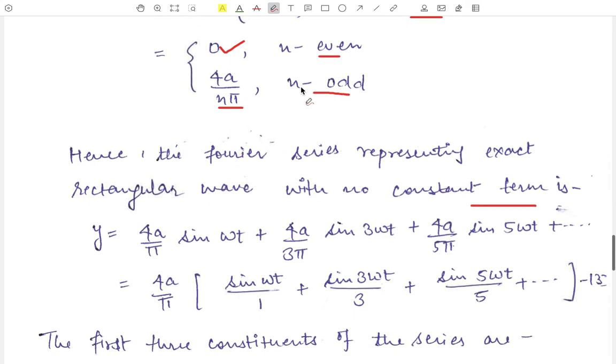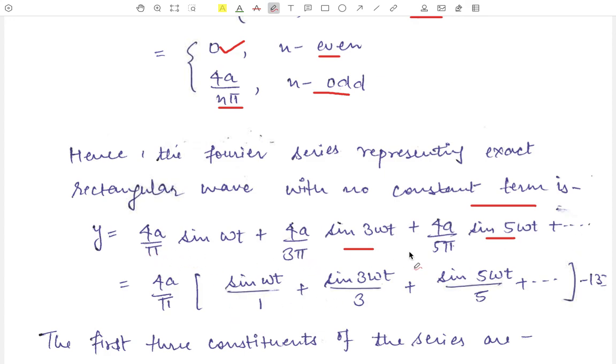Therefore, for n is equal to 1 we will have a value, and from here we can take 4a upon pi out as a constant. Okay, in general we write 4a upon pi for n is equal to 1, sin 1 omega t, plus for n is equal to 2 this is equal to 0, plus for n is equal to 3 again 4a upon 3 pi sin 3 omega t, plus n is equal to 4 again 0, n is equal to 5, we have from here 4a upon 5 pi this into sin 5 omega t and so on.